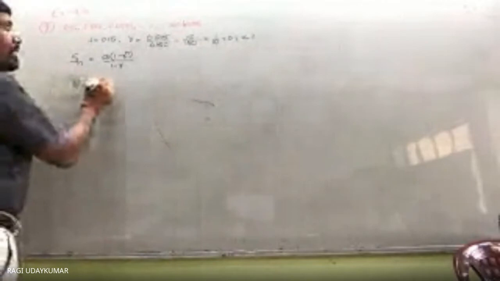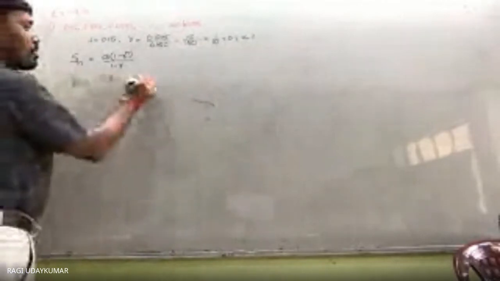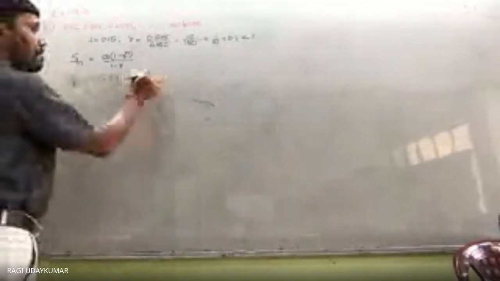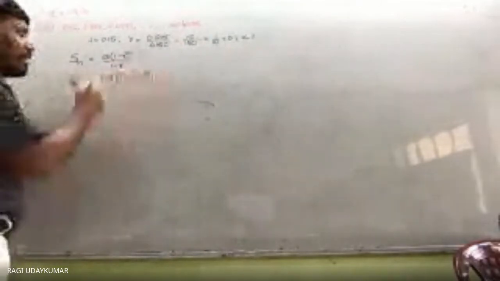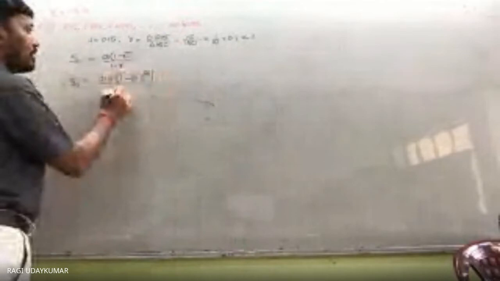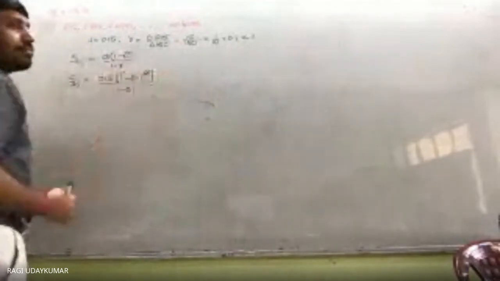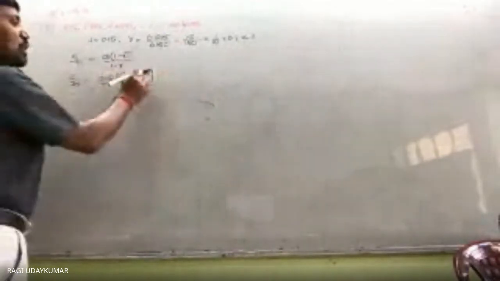So yes, S20 is equal to A value is 0.15, 1 minus 0.1 whole to the power of 20. N value is 20, no? 1 minus R. So 1 minus 0.1. 0.1 whole to the power of 20 is nothing but 0.00001 and so on.